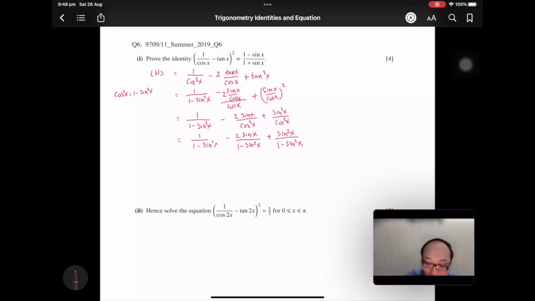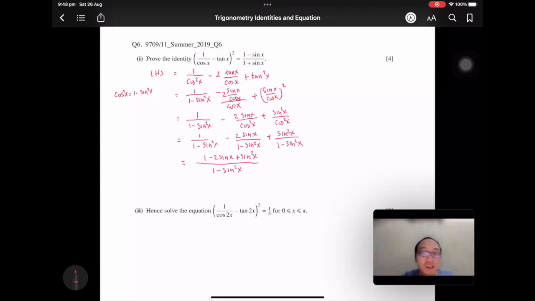So from here, I can combine into 1 minus 2 sin x plus sin square x over 1 minus sine square x.